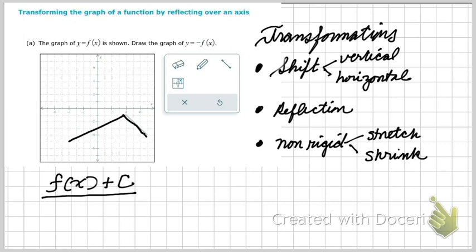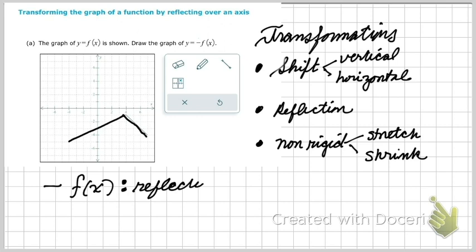For this one, I'm going to have a notation which is negative f of x, and what that means, the negative f of x means a reflection through the x-axis.